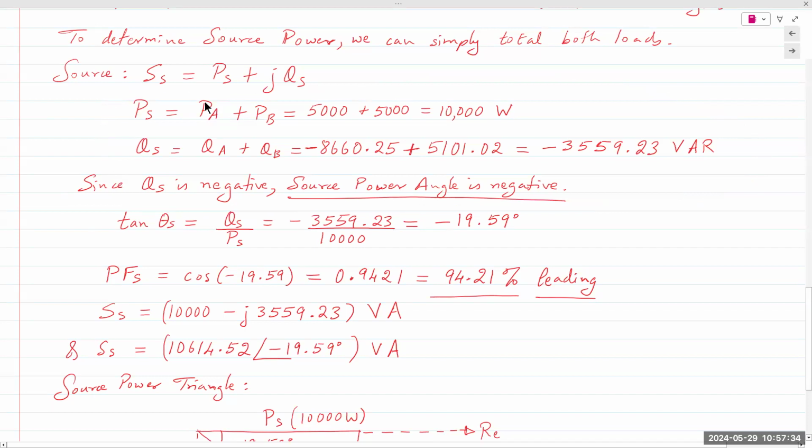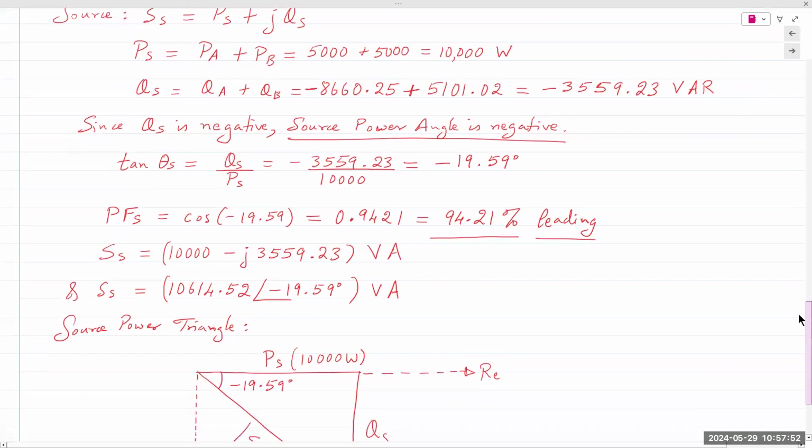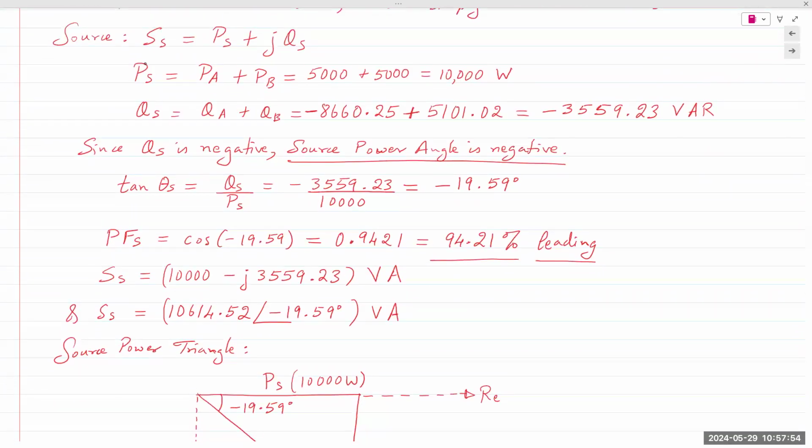Q for a capacitor is always negative. So ensure, do not forget the minus sign. Otherwise, your answers would be incorrect. Okay. Once you put it all together, we have PS and QS, but the question was to find or draw the power triangle for the source.